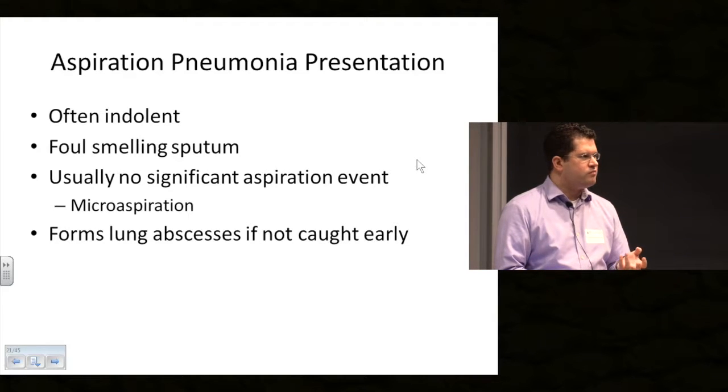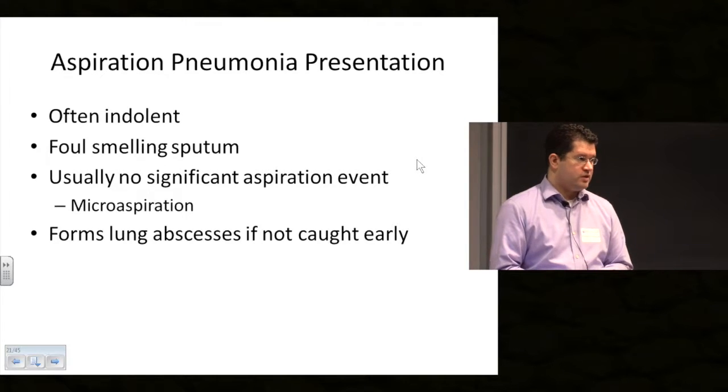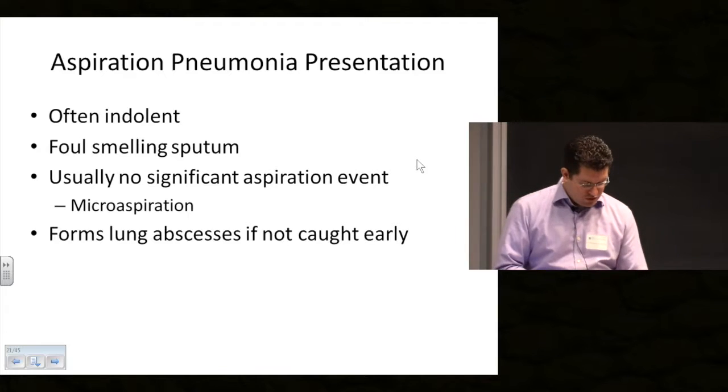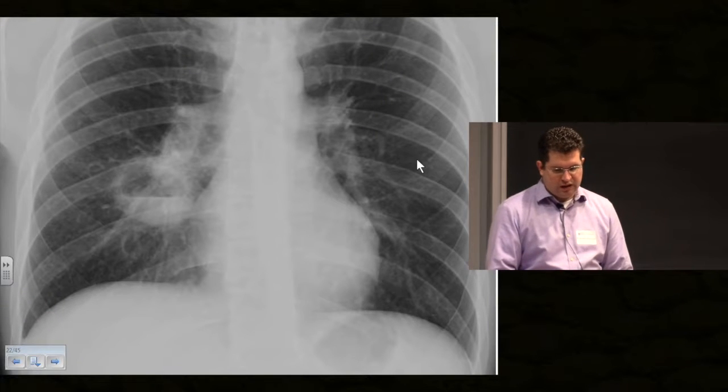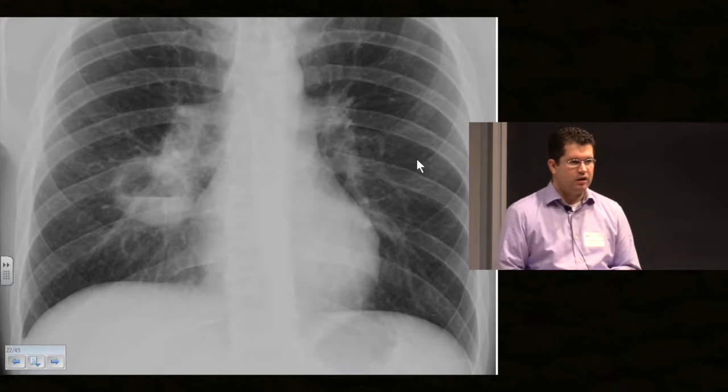If they're producing sputum, it's often foul because of the anaerobic content, sometimes brown. The common story is not that there's a witnessed macroaspiration event, it's that they're continuously microaspirating their oral contents. And if you don't catch it early, it often will lead to lung abscesses, as you can see in the right lung air fluid level near the hilum.